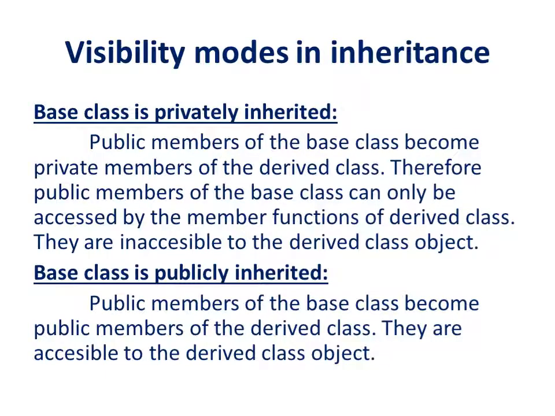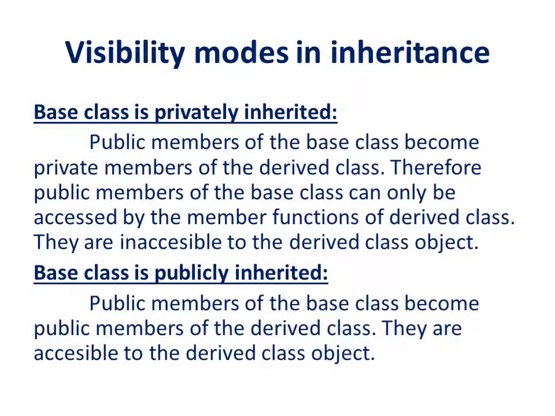If we use the visibility mode private when inheriting the base class properties, the public members of the base class become private members of the derived class. So they can only be accessed by the member functions of the derived class alone. Even the object of the derived class will not be able to access the base class properties.